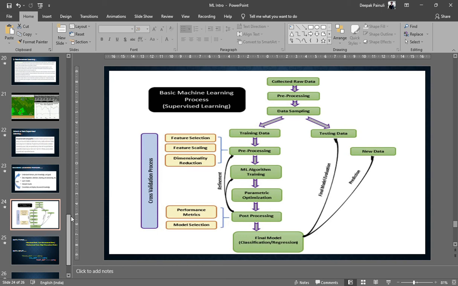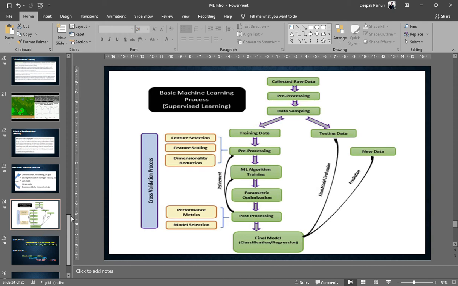Okay. Next, after pre-processing, we provide this pre-processed data to our machine learning algorithm, and we start the machine learning training part, right? After that, once we train the model, we may find that the efficiency is somewhere around 80%, but we need more than 90% or 95%, which means we need to do some optimization.